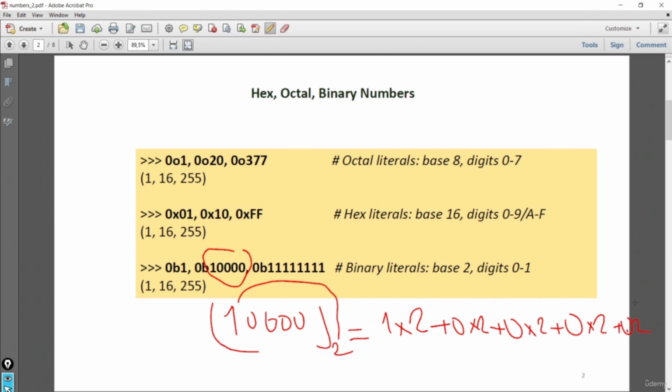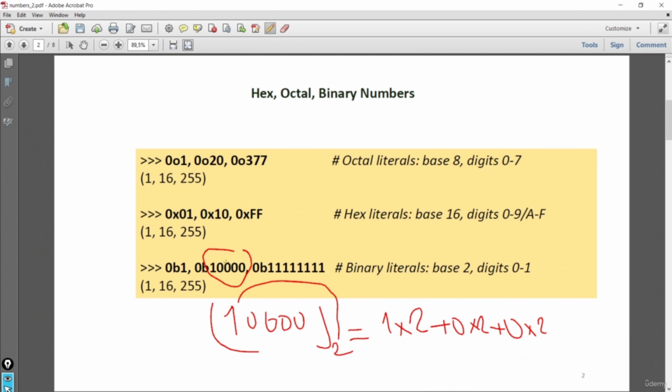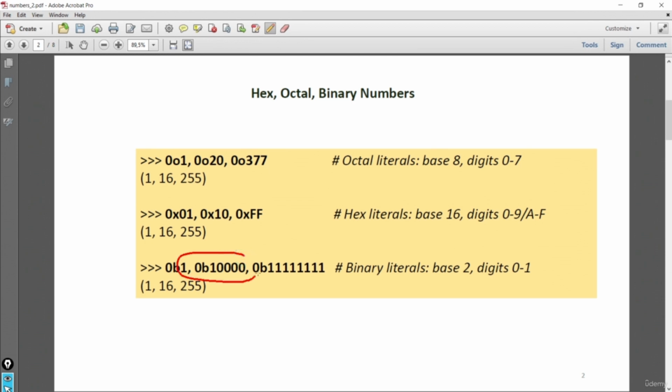Then we put powers to the base: 0, 1, 2, 3, 4. Since the rest of the digits are multiplied by 0, only this one stays, and that is equal to 16. So the result of the conversion to decimal equals 16.